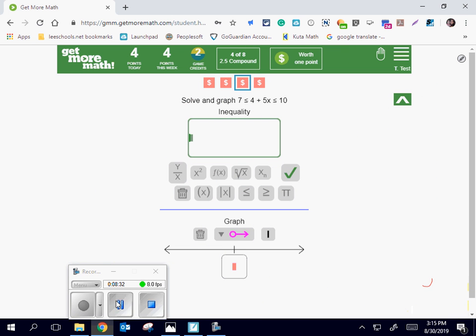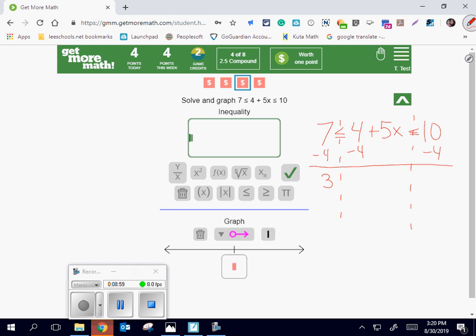All right, this one we have to solve a compound inequality. This is an and one because it goes in between. It's all one big one. The graph is going to look like one graph instead of two sticking away from each other. If I put my lines here, I want to subtract 4 from both sides, all three sides.